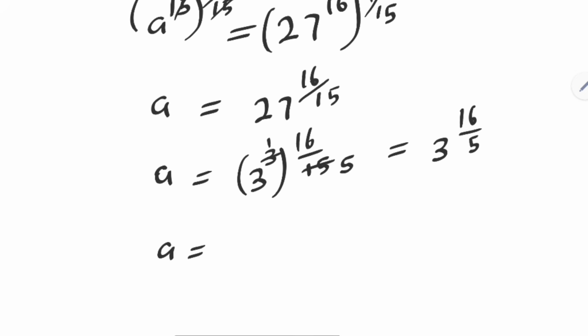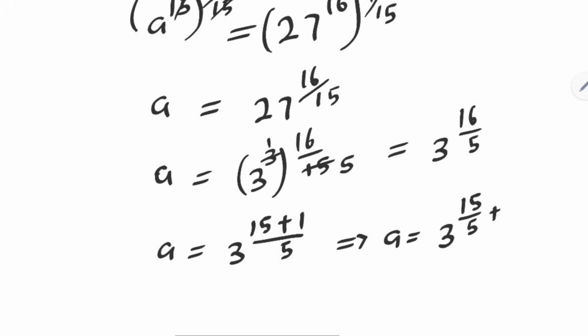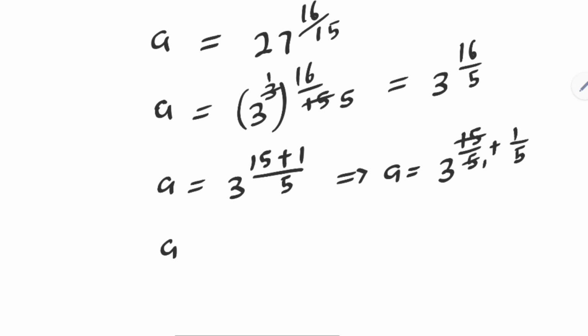Then A is equal to 3 raised to power 16, which can be written as 15 plus 1 over 5. This is same thing as A is equal to 3 raised to power 15 over 5 plus 1 over 5. 5 here 1, 5 here 3. A is equal to 3 raised to power 3 plus 1 over 5.